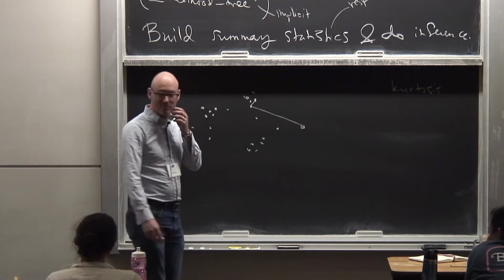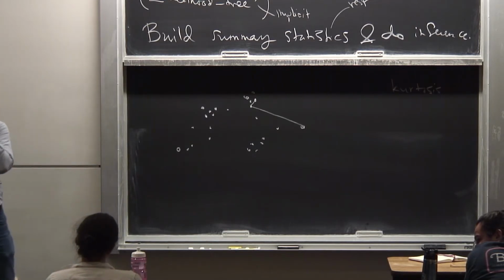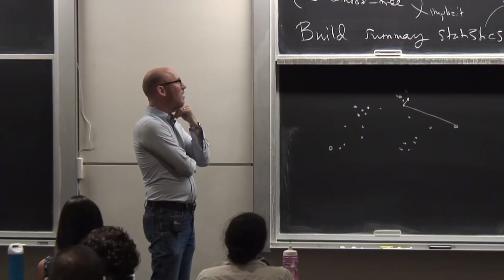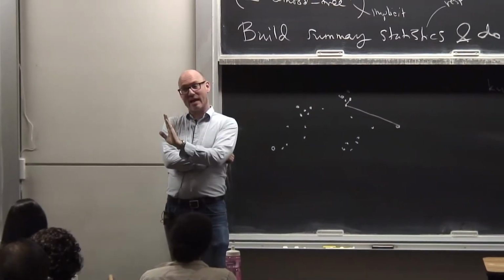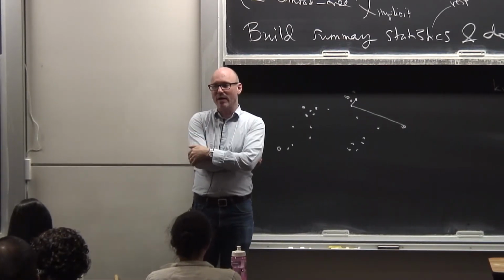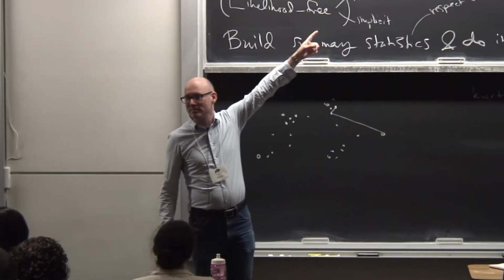I think I have a basic confusion. Is there a way to do inference without building summary statistics? Would you always have to choose something? Well, you mean in this context or in any context? In this context. In this context right now, no, but it's because there are 10 to the 6 galaxies.